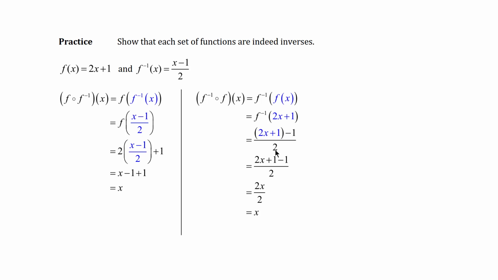From here, we could drop the parentheses and then simplify. In the numerator, the plus 1 and minus 1 will cancel out, and we get 2x over 2. Next, we cancel out the 2's, and the final result is x. Because both compositions resulted in x after simplifying, this shows that both functions f of x and f inverse of x are indeed inverses.